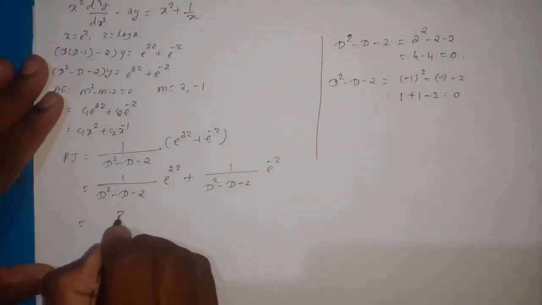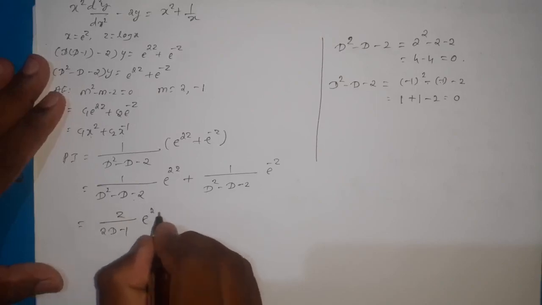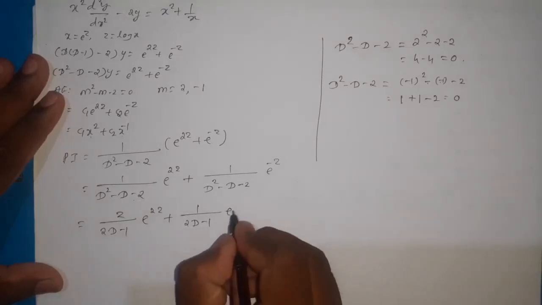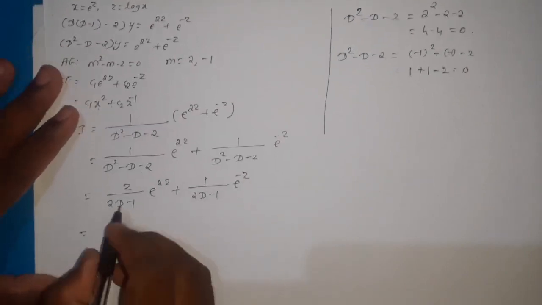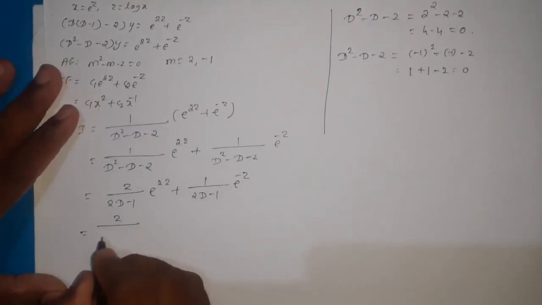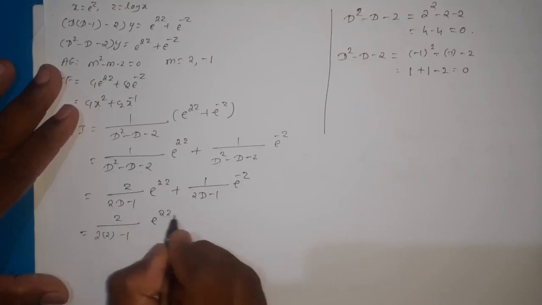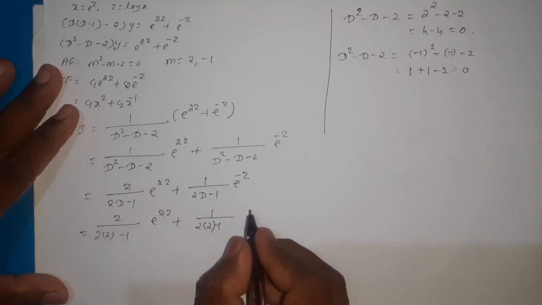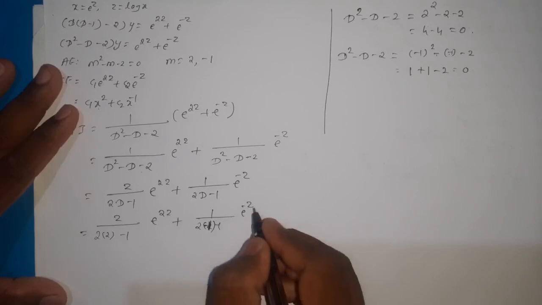Now z divided by 2D minus 1 e power 2z plus z divided by 2D minus 1 e power minus z. Now put the value of D. Z divided by 2 into 2 minus 1 e power 2z plus z divided by 2 into minus 1 minus 1 e power minus z.